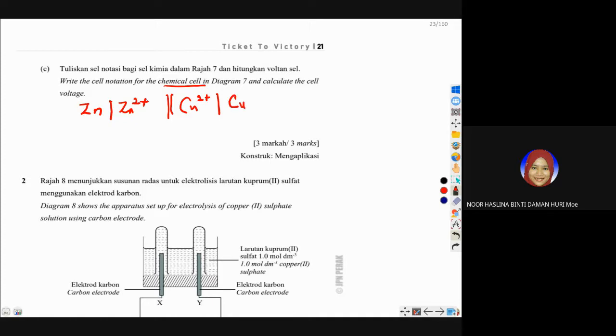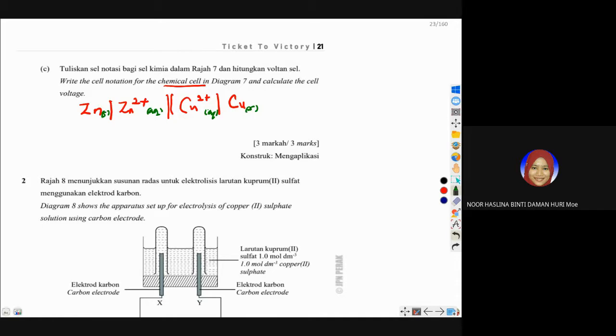In SPM, if you don't know, don't write. If you know, you write. This is the solid state, this one is aqueous. If they give molarity, you put the molarity. And copper here is also aqueous, copper atom here is solid.